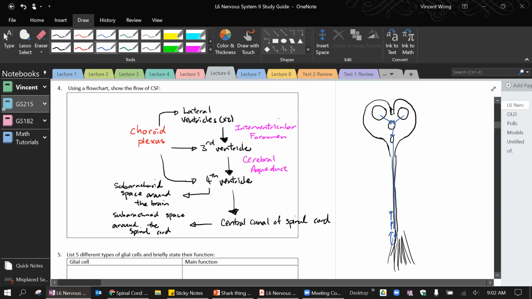It's going to exit at the bottom, come back up, and surround the entire spinal cord in the subarachnoid space. It's going to surround the brain as well, like that.